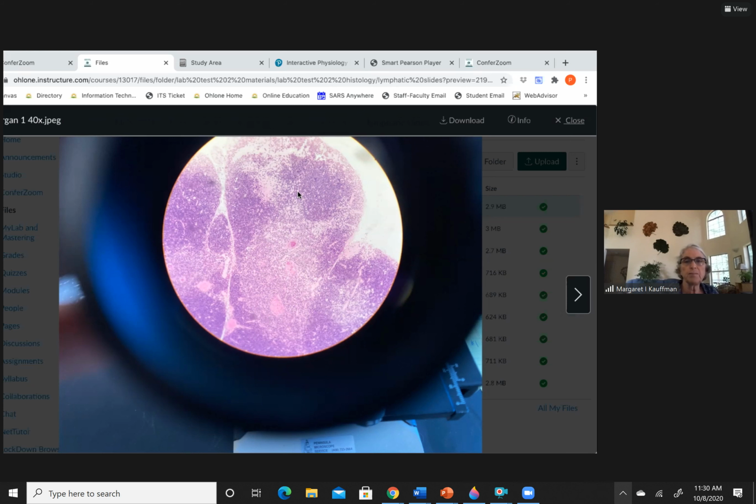So when you see more than one cortex around a medulla, cortex around another medulla, and you see these long, thin extensions of capsules called trabeculae going into it, it's going to be the giveaway that this is the thymus. So the lymph node, which could look like this, is only going to have one medulla, and the rest of it is a capsule.